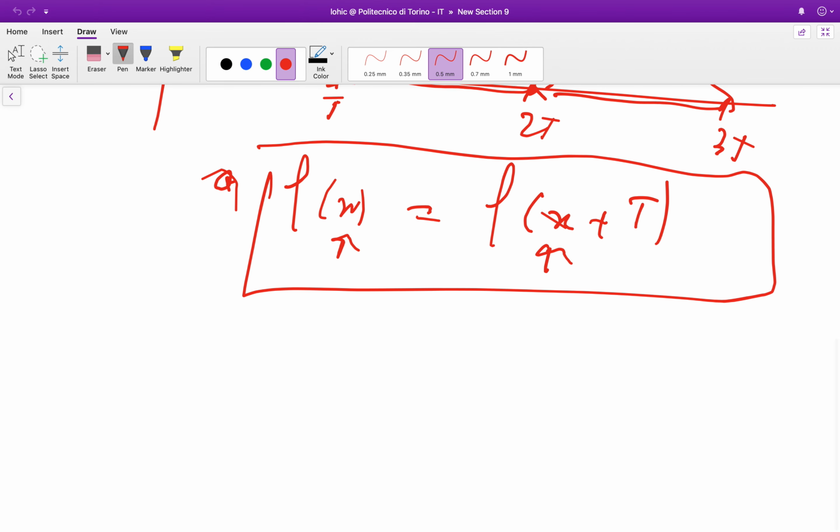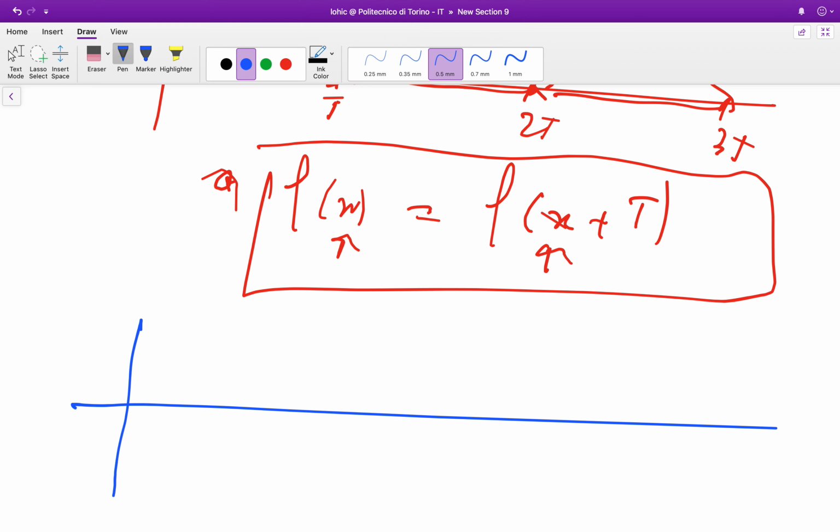Now something very important. Suppose that f is periodic with period t. So this is from 0, this is t, right? This is 2t, this is 3t, this is 4t, 5t. I mean it's sufficient.